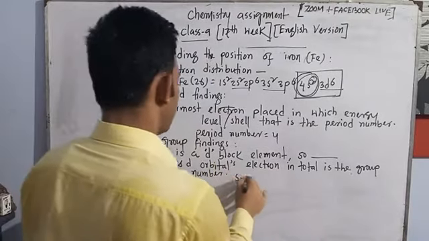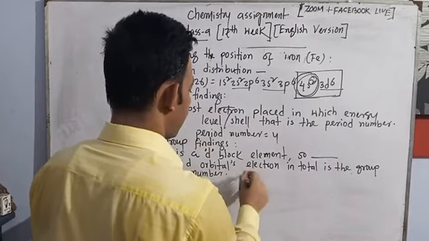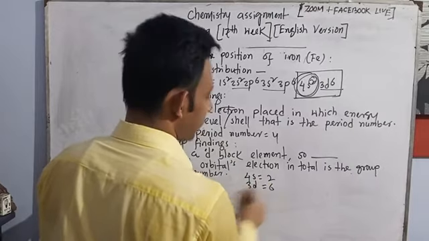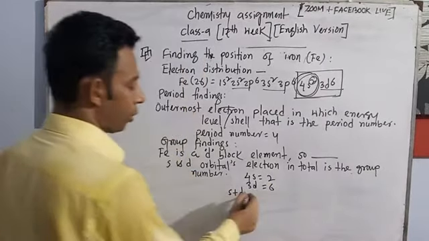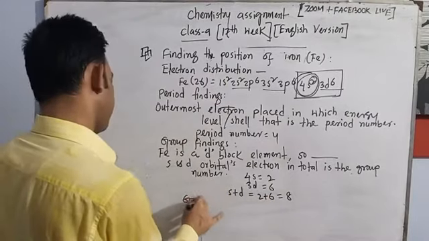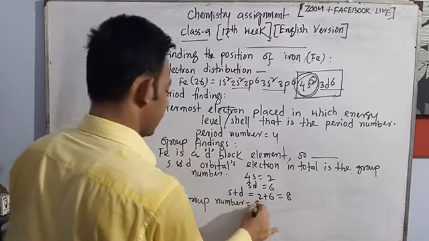So s plus d: 4s 2 electron, 3d 6 electron. 2 plus 6 is 8. The group number is 8.